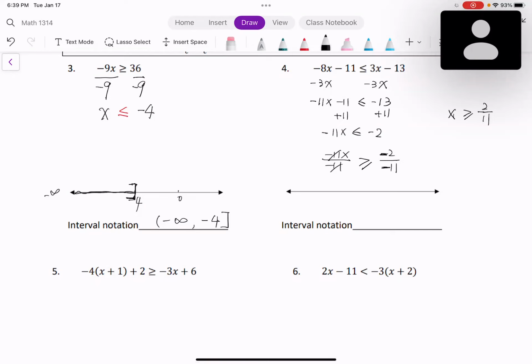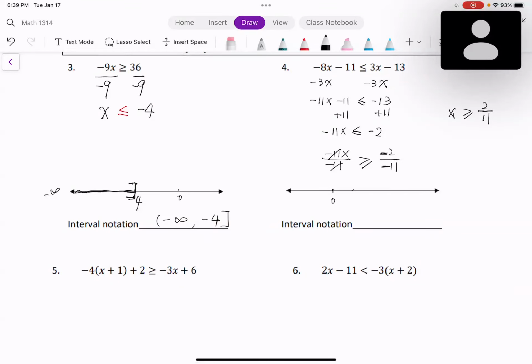Where is 2 over 11? So 2 over 11, this is 0, is a positive number, but less than 1. For example, here is 2 over 11. Is 2 over 11 included? Yes, it is. We will use brackets. And where is x? On the right-hand side or left-hand side of 2 over 11?